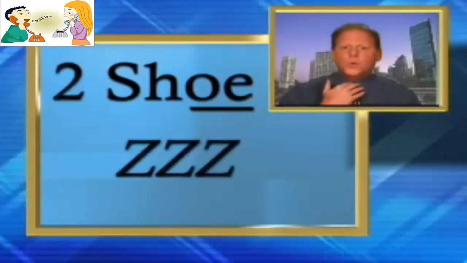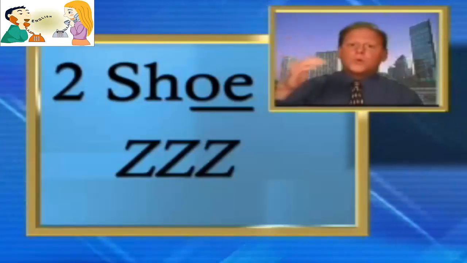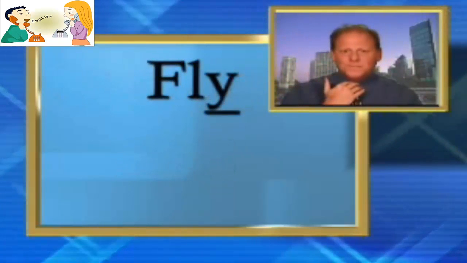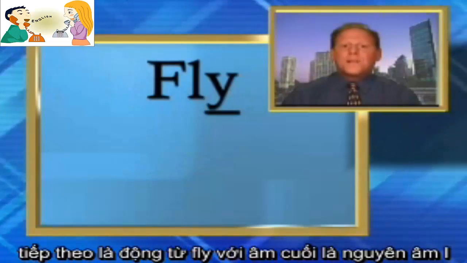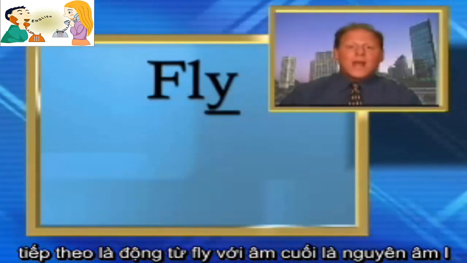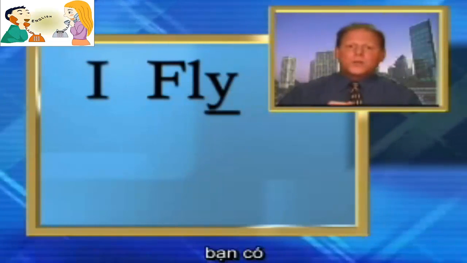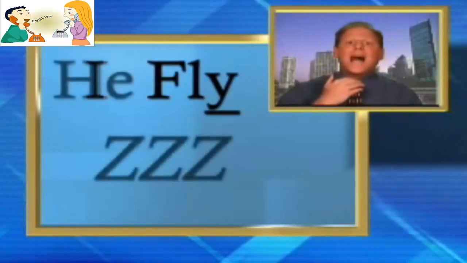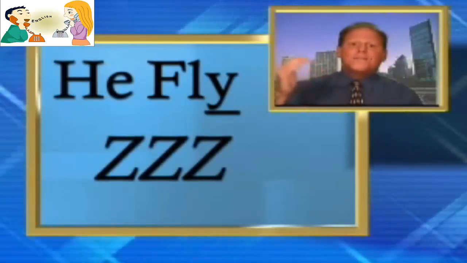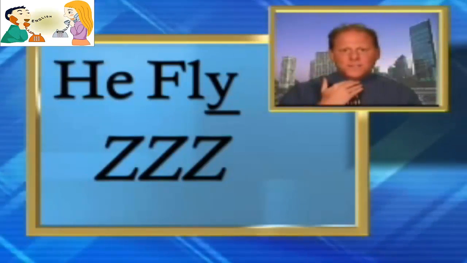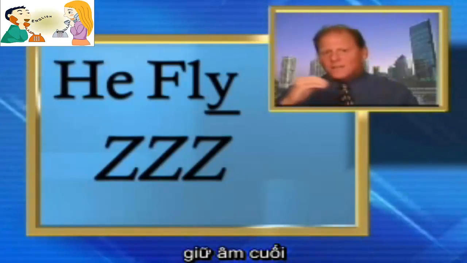One shoe, two shoes. Next is the verb fly, which ends in the vowel sound I. So you've got I fly, he flies. Keep that ending voiced.